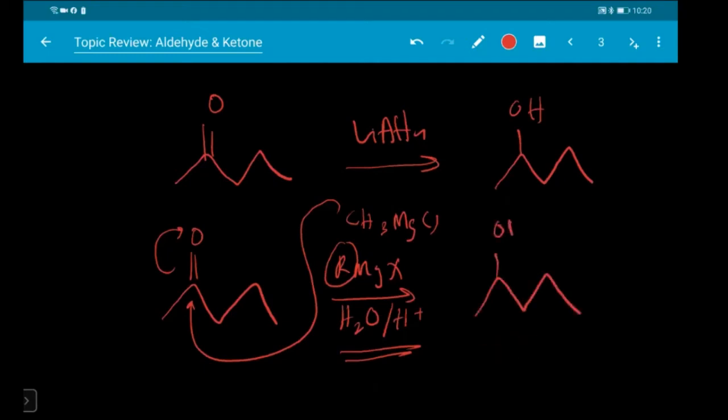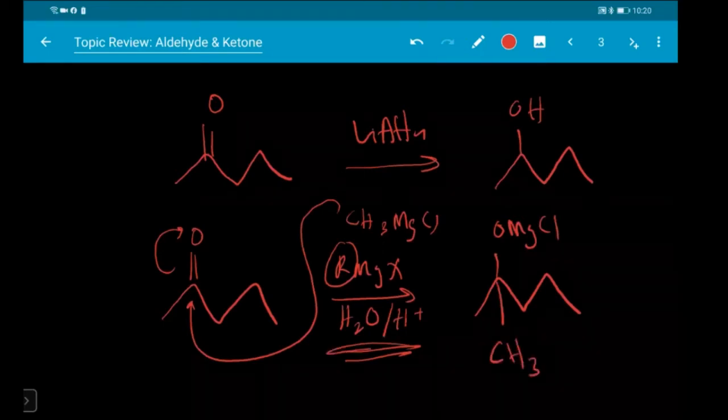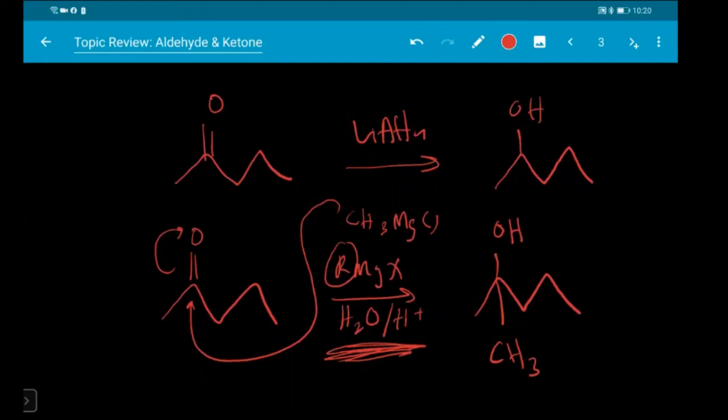Ni dia O MgCl, ni adalah CH3 from Grignard reagent. Then after we apply the acidified water ni, the MgCl will be replaced with OH. So nampak tak beza antara kedua-dua produk ni?